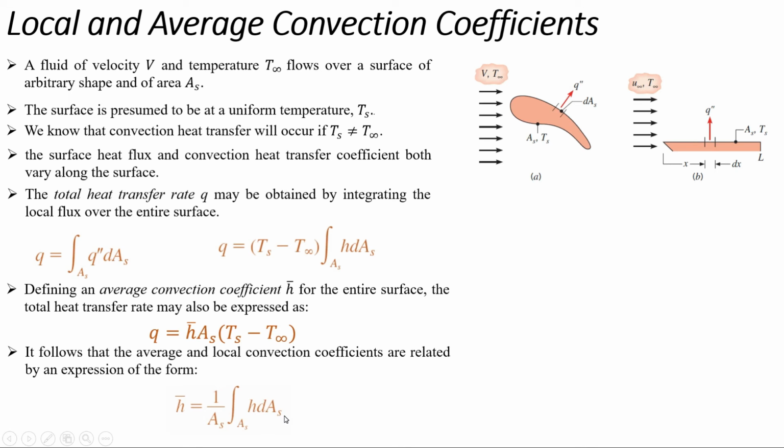So if we know the local convection coefficient, then we can determine the average convection coefficient by just integrating over the entire surface. Local means at any point.